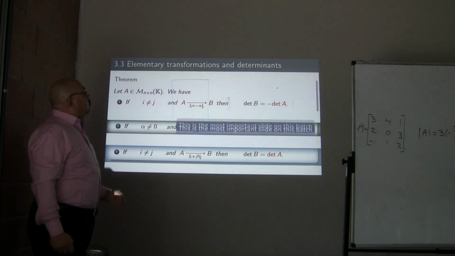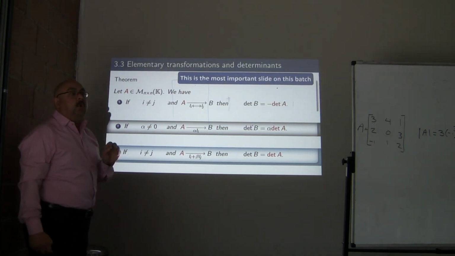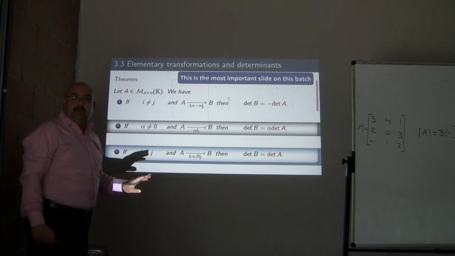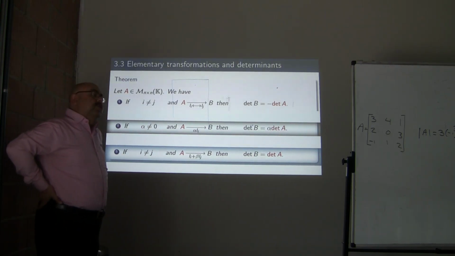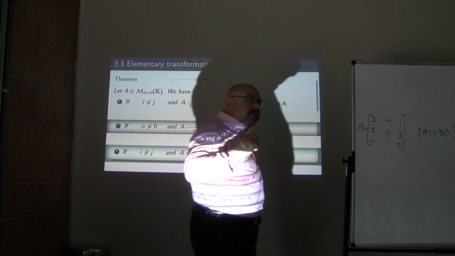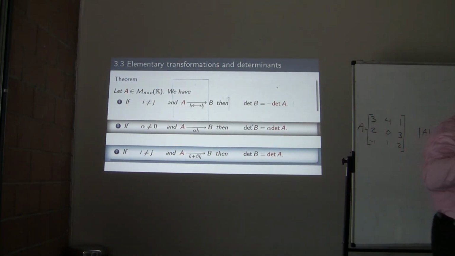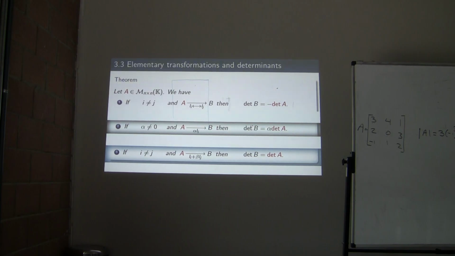Okay, this is one of the most important slides of today's batch. Okay, I'm going to talk specifically about the row operations. So do you remember the row operations? The 3 row operations? What are they? Switching rows, multiplying a row by a number, then adding it to another row.